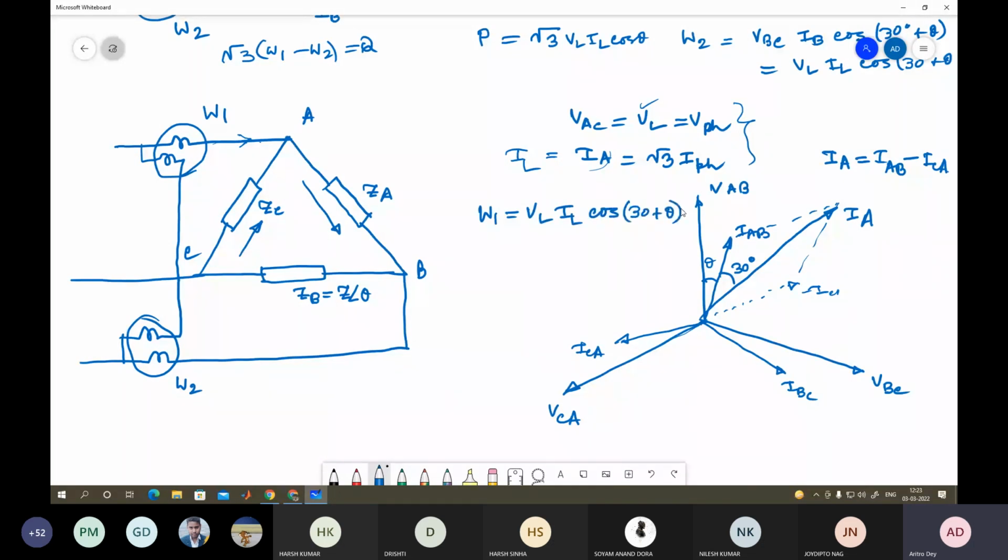Okay. Now we should take up the other one where we are measuring the voltage VBC, and what is the current you are measuring? This is BC and this is your IB. So IB current is the phasor sum of IB plus IAB. If you write KCL here, it is equal to your IBC, isn't it? In this way, IBC minus IAB.